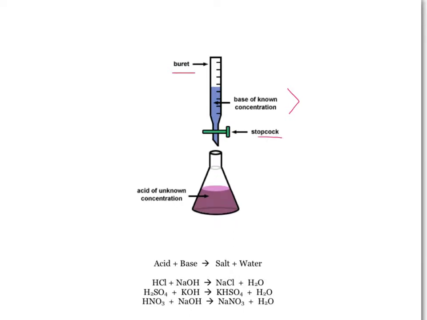We then turn a stopcock in order to release the known concentration into the Erlenmeyer flask, which will have the unknown concentration present. This could be a base, this could be an acid. Inside of the Erlenmeyer flask, we will have an indicator that will change color when neutralization has occurred.